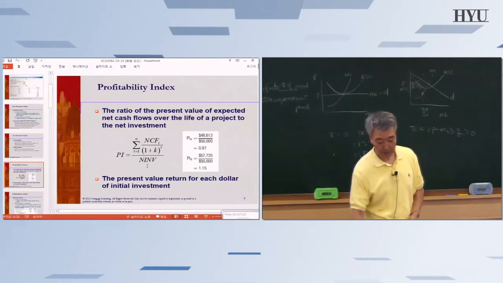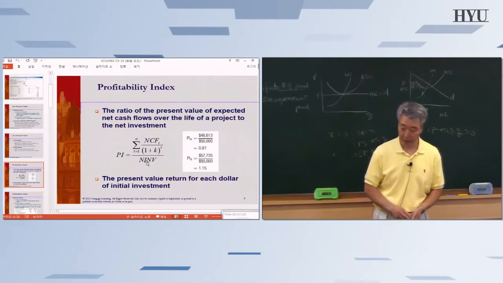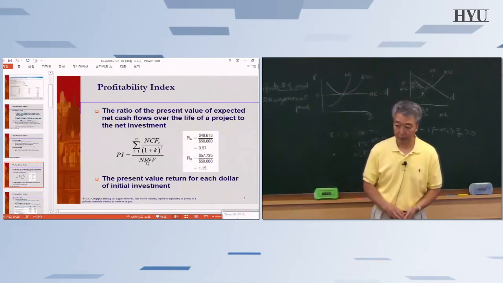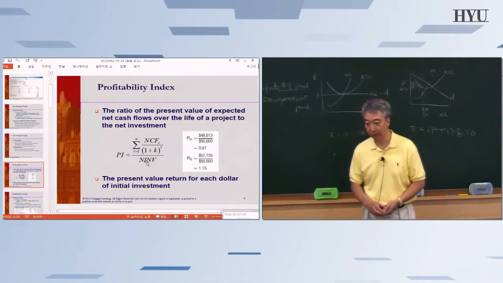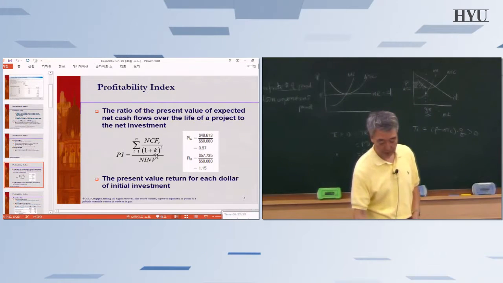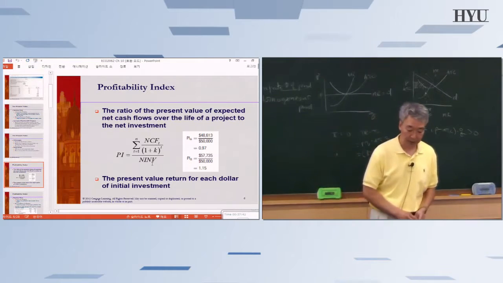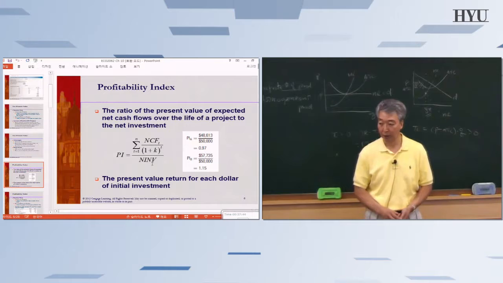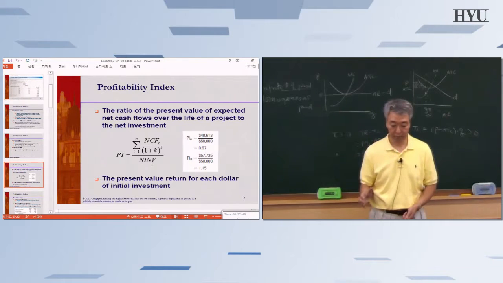So if that's positive, that means this numerator is greater than the denominator. So PI will be greater than 1. If net present value was negative, obviously, then the numerator was smaller than the denominator. So that will give PI less than 1. So it's a very consistent idea.